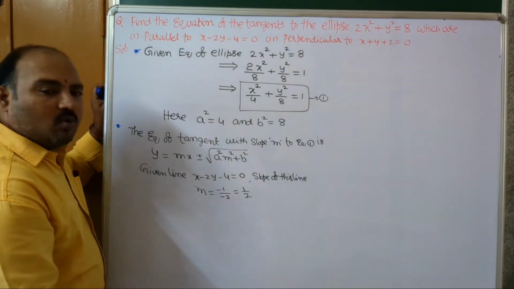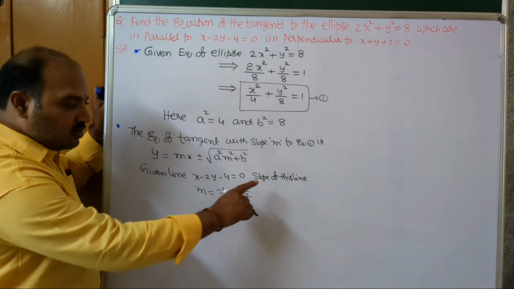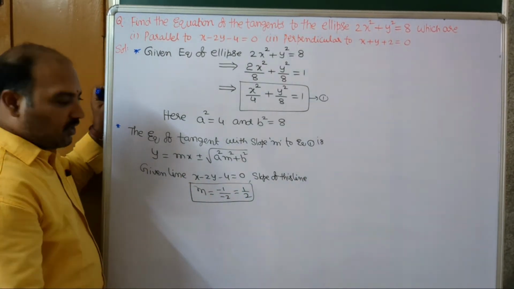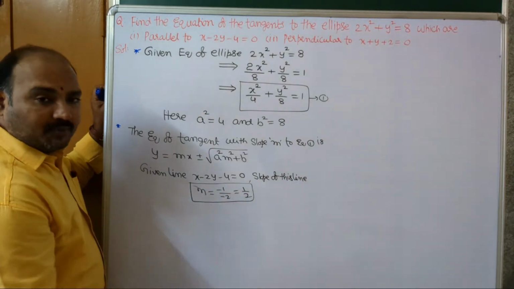M is equal to 1 by 2. The slope of the line, m value we got.